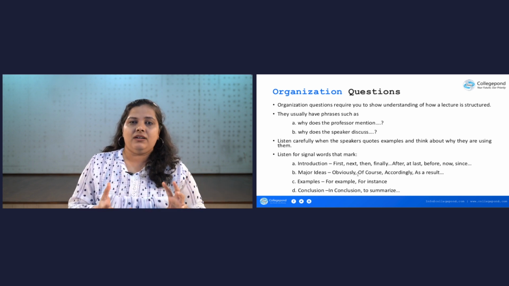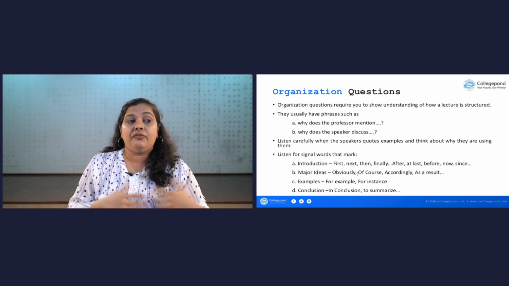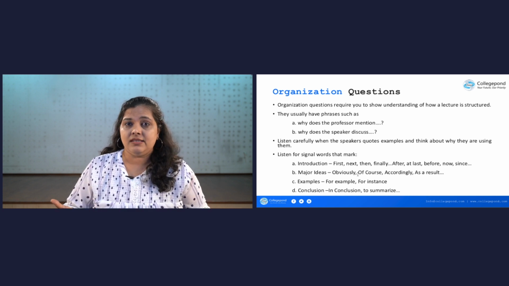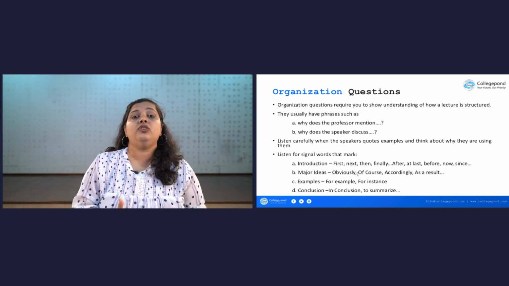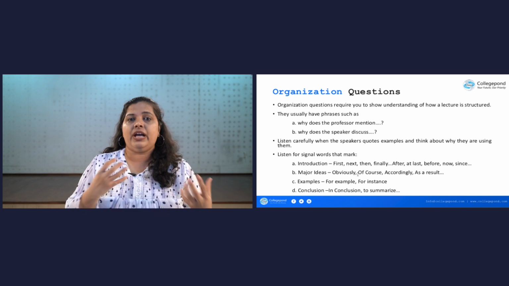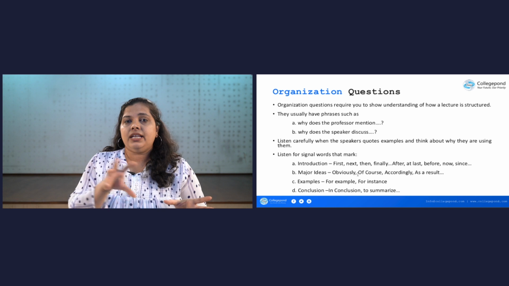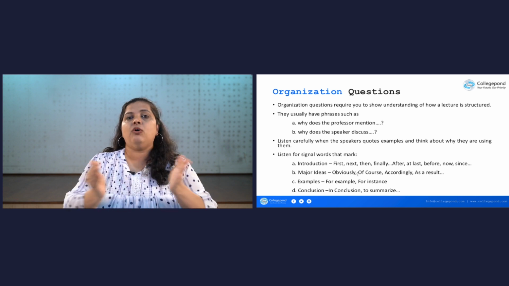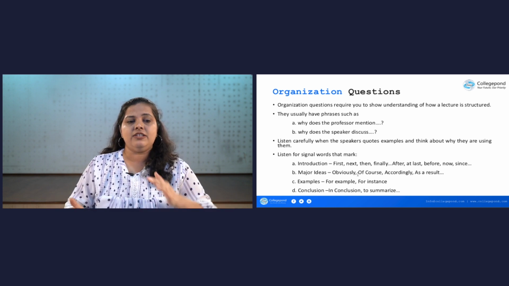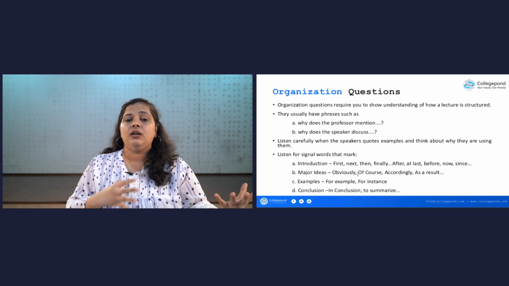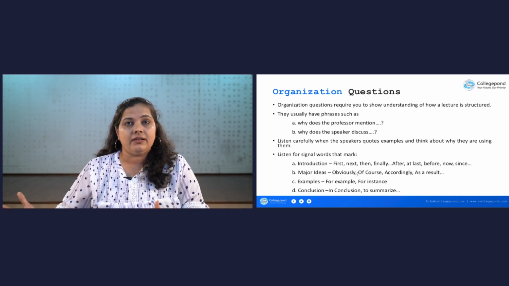Other signal words could be, for example, for instance, right? Or if it's a conclusion marker, you would have words like in conclusion, to summarize. These give you an idea of the overall structure of the passage. It tells you where the idea began, where it is going, and where it ends, right?